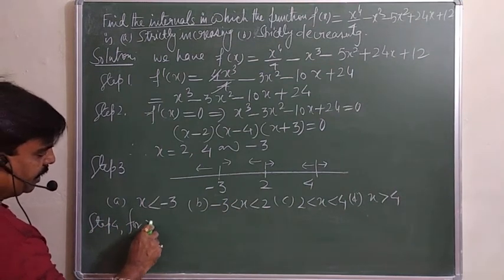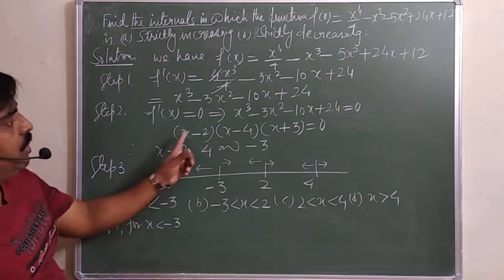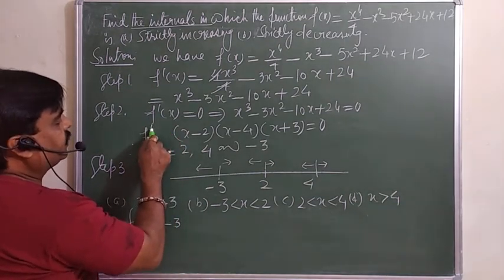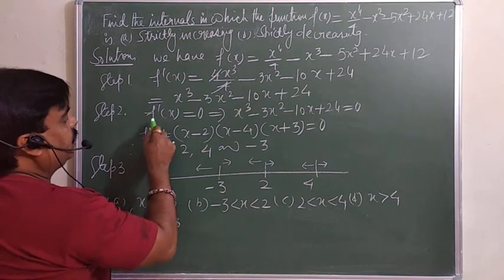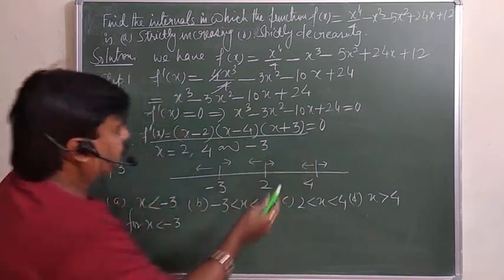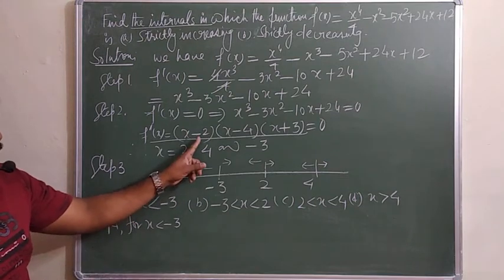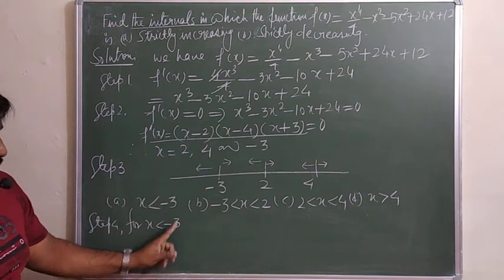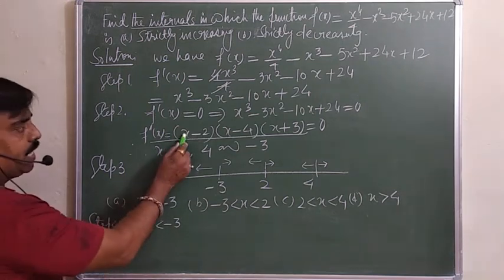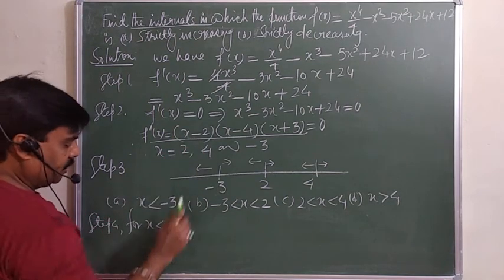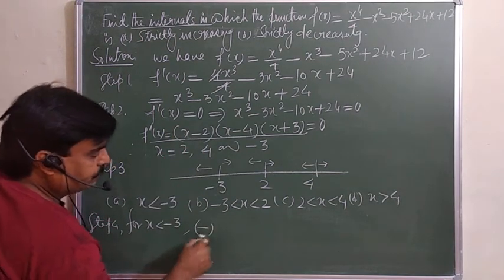First, for x is less than minus 3, this is your f dash x is equal to. In this one you are supposed to put the value of x. Minus 3 से छोटा value रखिए. Suppose I put minus 4. Then minus 4 minus 2 is minus 6, so you will get the negative value.